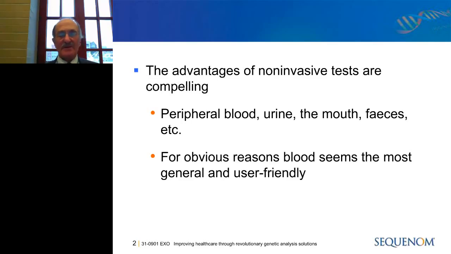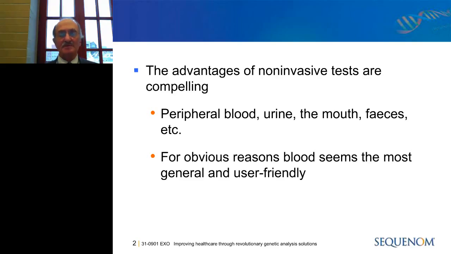So our choices to get samples of nucleic acids non-invasively are somewhat restricted: blood, urine, a few other places. But blood is best for two reasons. Blood communicates with almost every distant site in the body.